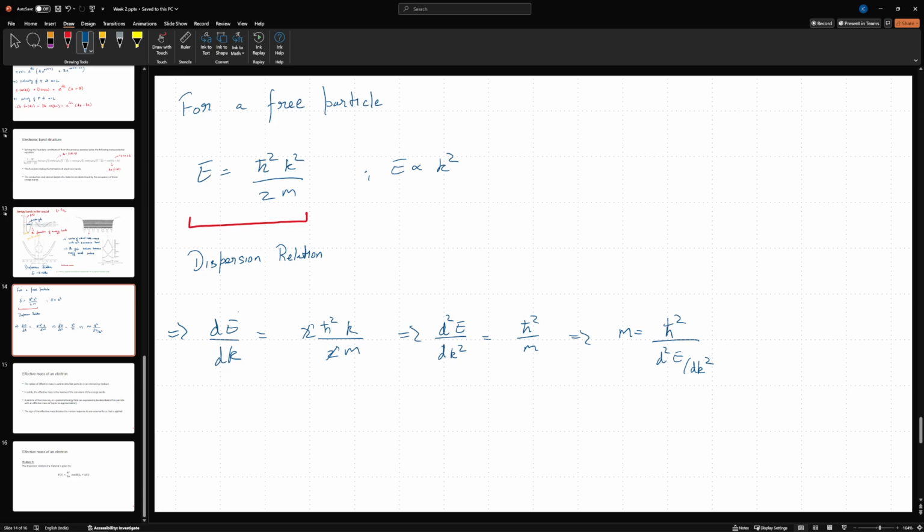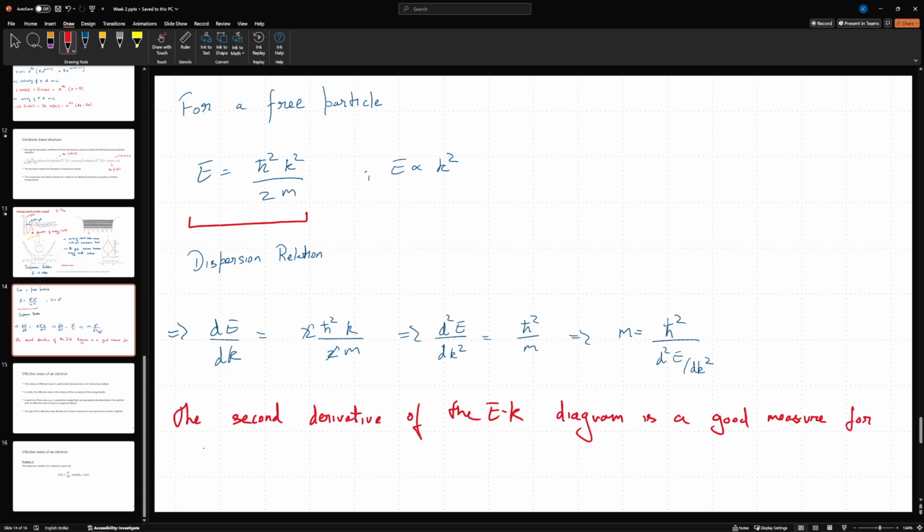In general, the point is this: the second derivative of the EK diagram is a good measure for the inverse of the particle mass.